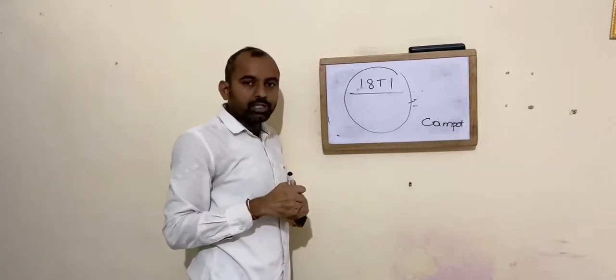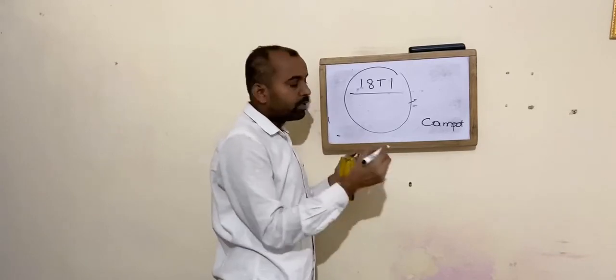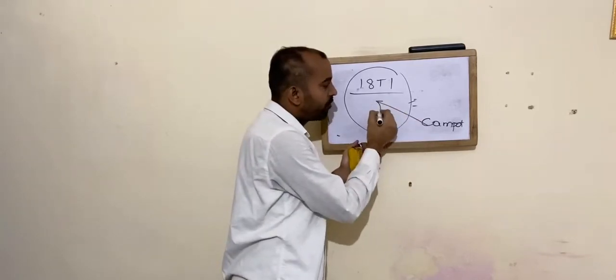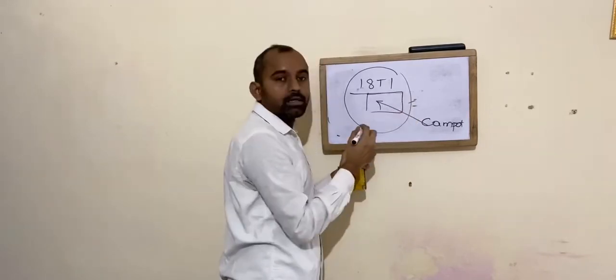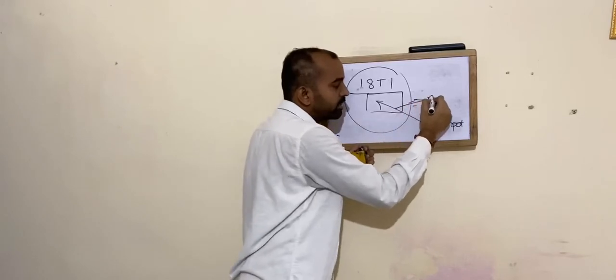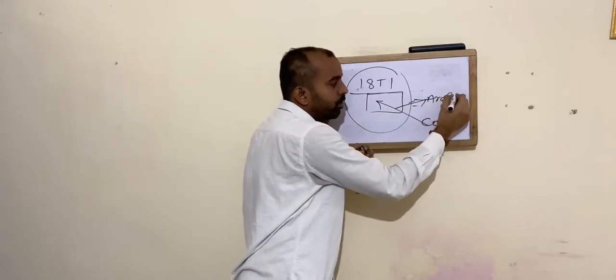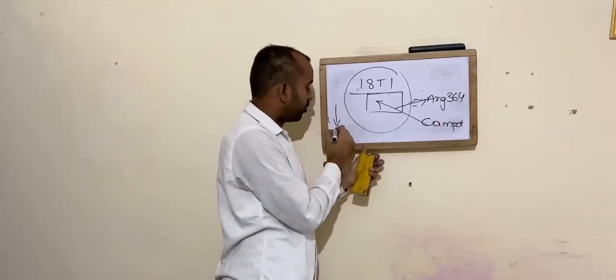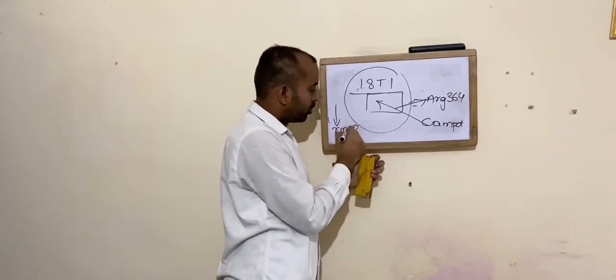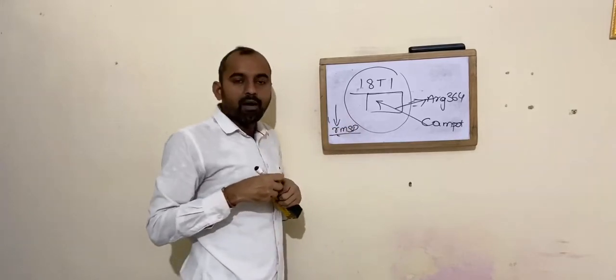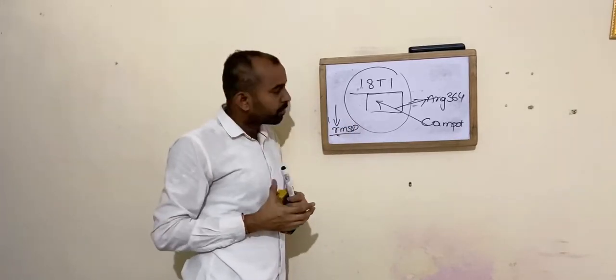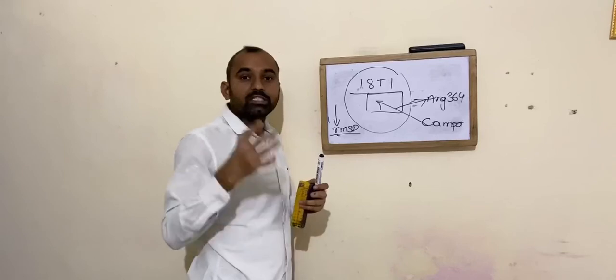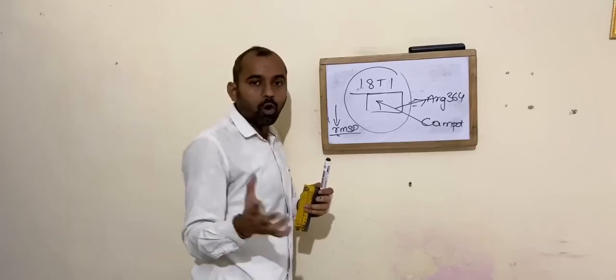The same camptothecin should be docked into the active site. It should go and fit into the same place, and it should have interaction with the same amino acid residue with the lowest RMSD value. If such interactions are there, such docking is called validation of the docking protocol.